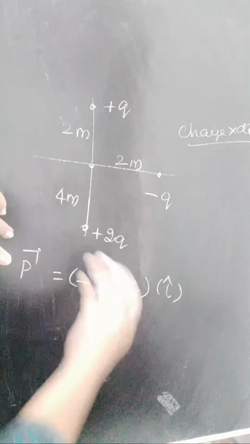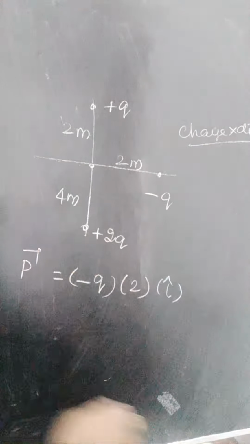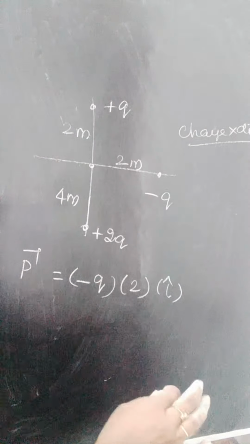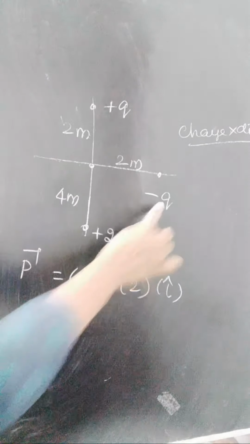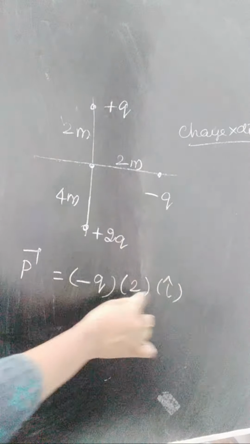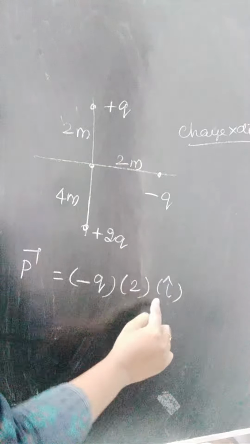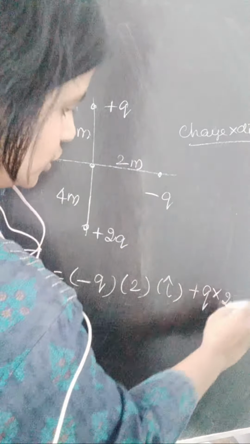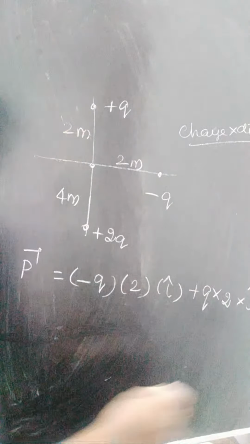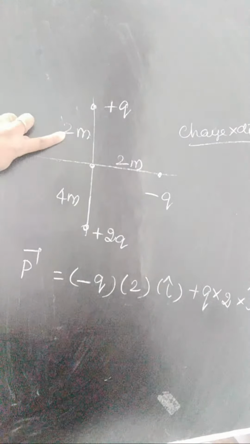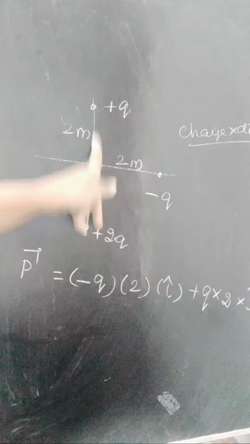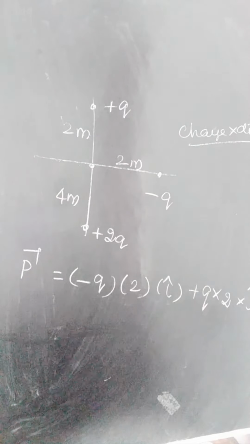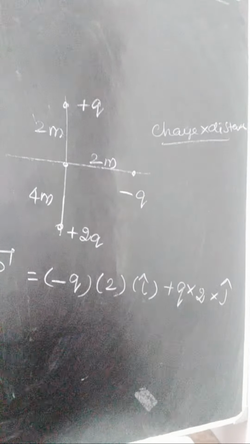So while calculating itself, if we calculate with the unit vector, that will be easy. If they are not mentioning the unit vectors, then no problem. So minus q into 2 into the unit vector, plus i cap. What about this one? Charge into distance into unit vector j cap, right? Charge into distance into what is the axis? Plus y. Plus y means j cap.